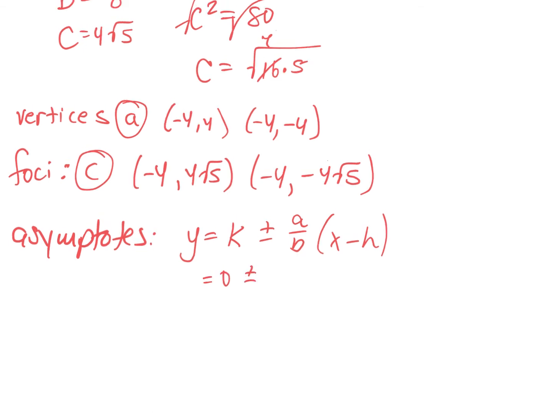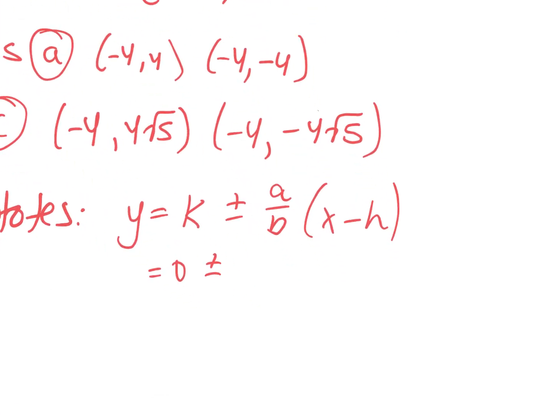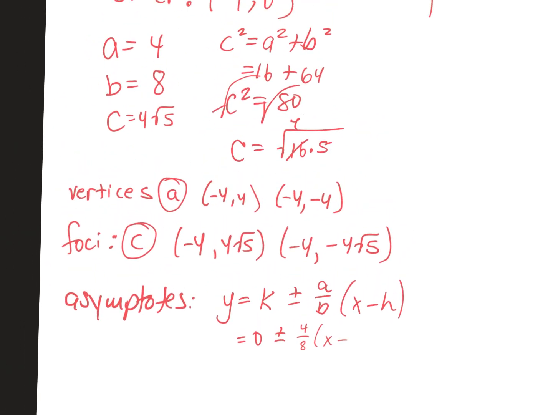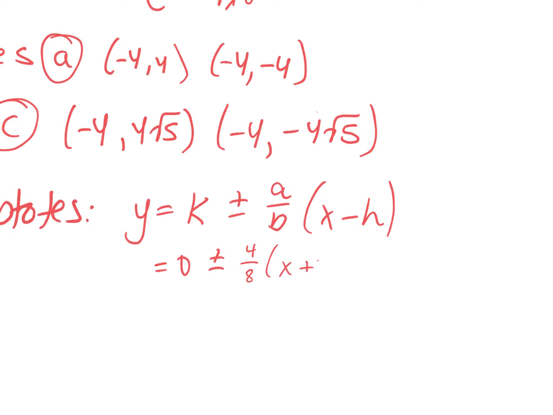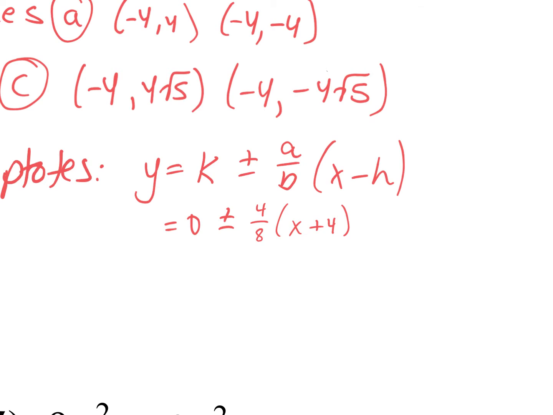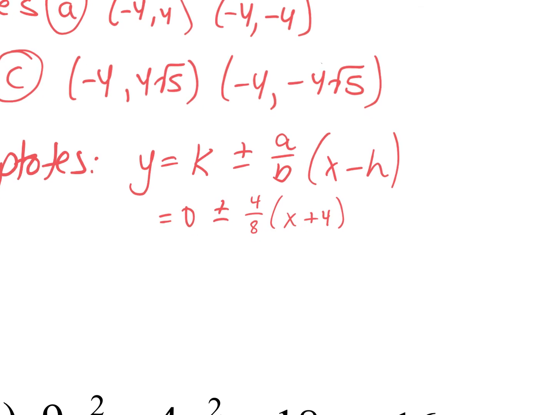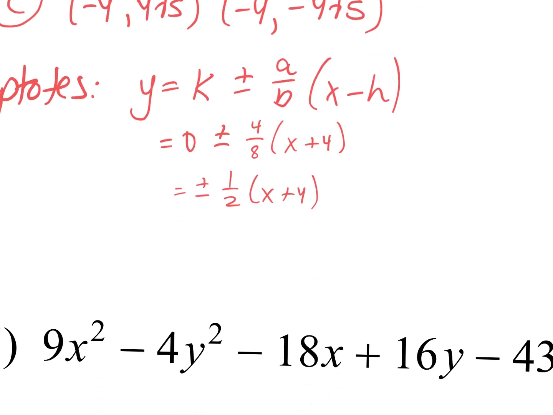Plus or minus, what's A? 4 over 8 times X minus what? -4, so X plus 4. Y'all with me? Okay, so this is 0, plus or minus, whatever. So I have plus or minus, what's 4 over 8, same as? 1/2, X plus 4. So split this up now, so you don't make any silly mistakes.